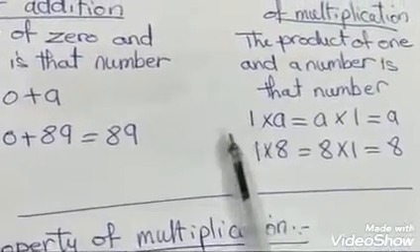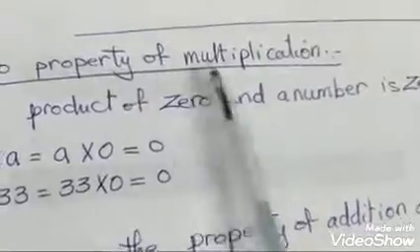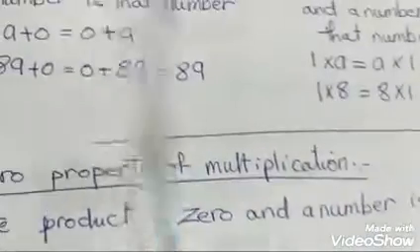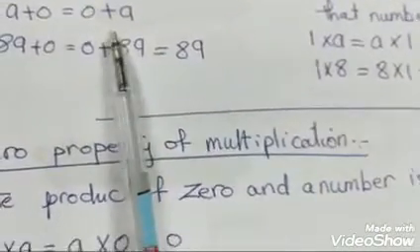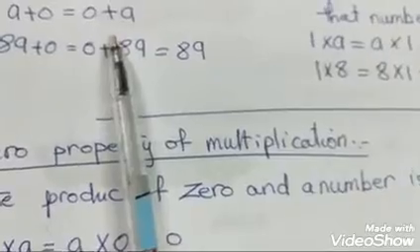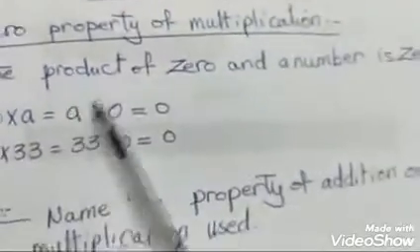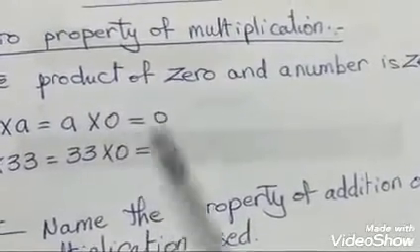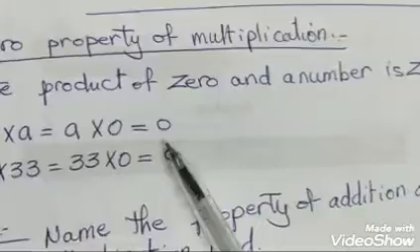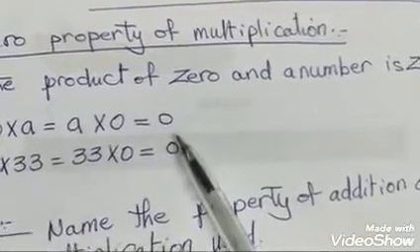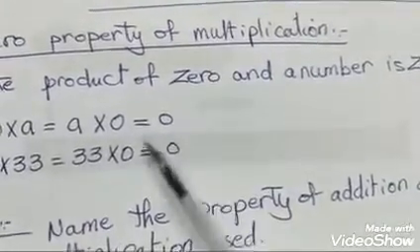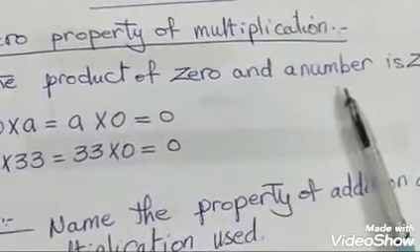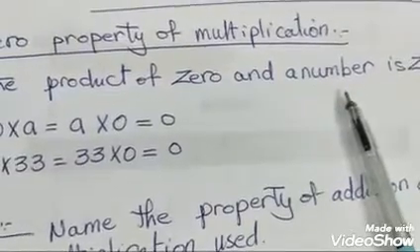Then we have the zero property of multiplication. If I add 0 to any number, it will remain the same number, but if I multiply 0 by any number, I will have 0, not the same number.